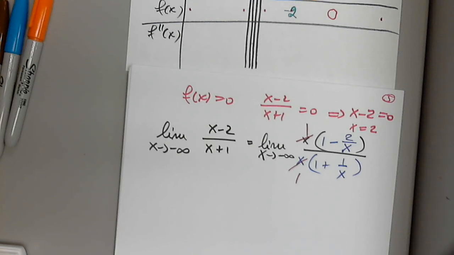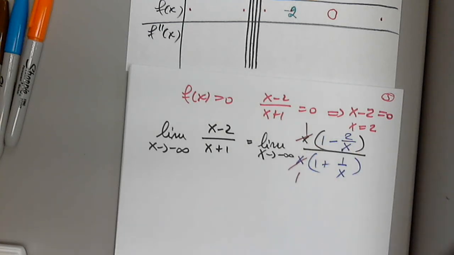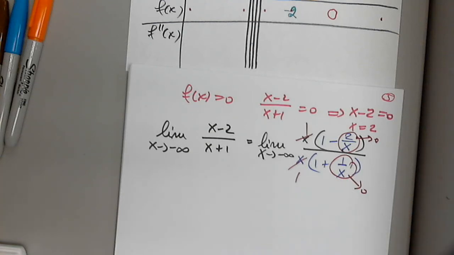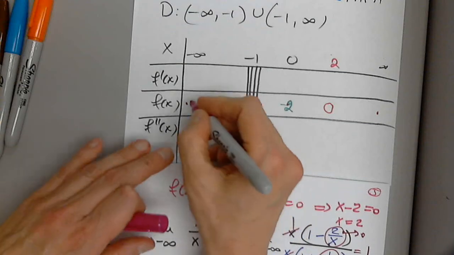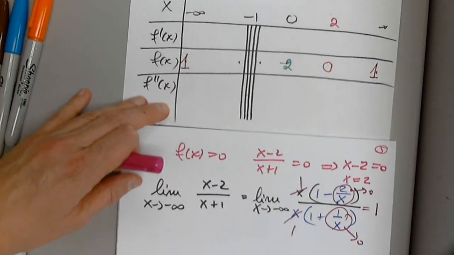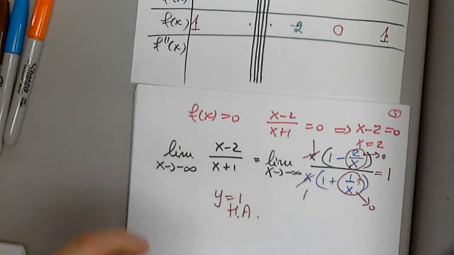Correct. So 0, 0. So what is left? Nothing. Oh no, these are left. Only these approach 0. So the answer is 1, which means 1 here, and definitely 1 here because I did not use the sign, which means y equals 1 is a horizontal asymptote.